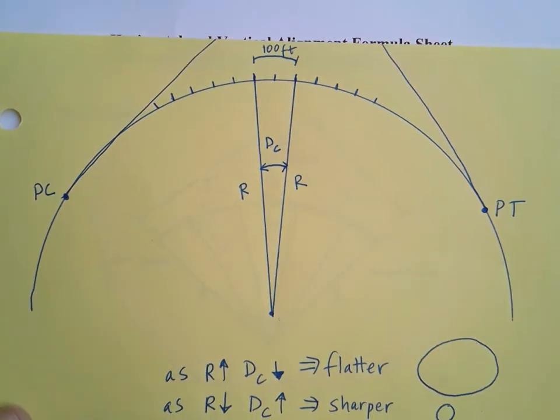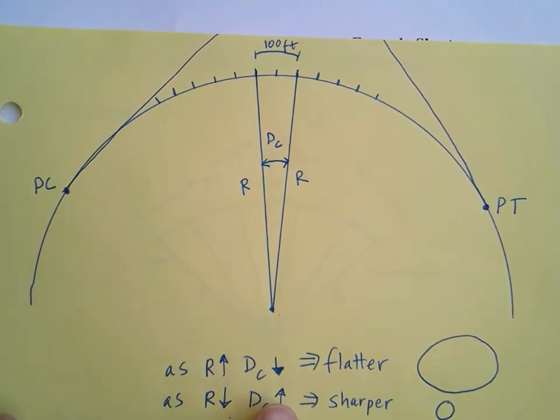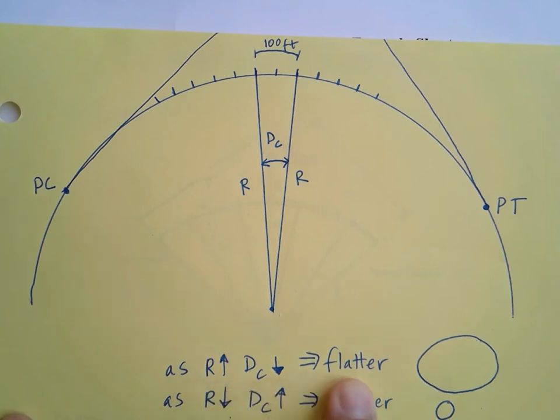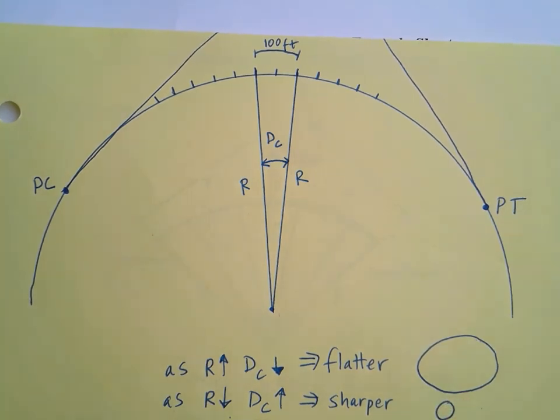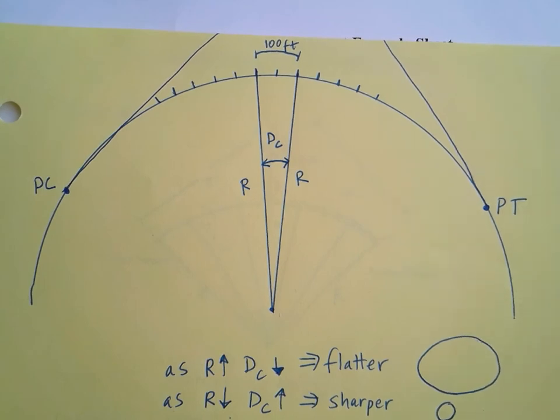We also discussed how that changes things. If your radius is larger, your degree of curvature is going to be smaller, which gives you a flatter horizontal simple curve. As your radius is smaller, your degree of curvature would be larger, which would give you a sharper curve. So that degree of curvature is going to make a difference to what your curve looks like in the end.